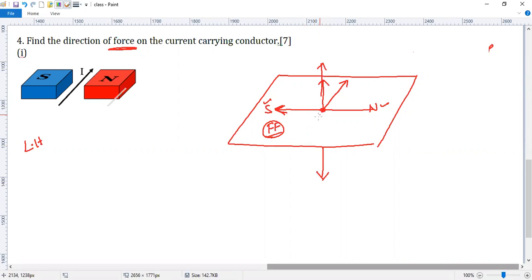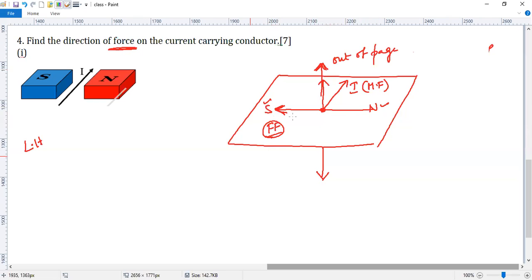You open up the three fingers such that the current's direction, denoted by the middle finger, is pointing away from you, and your forefinger is pointing towards your left. When you open up your three fingers like that, the thumb is pointing upwards. Right? So where is it going? It is coming out of the page.